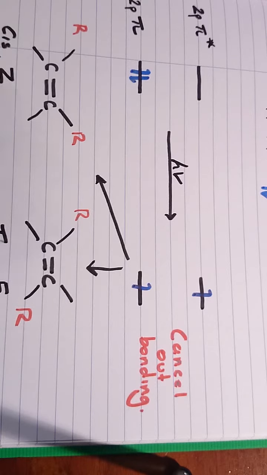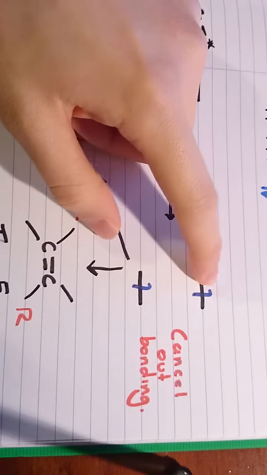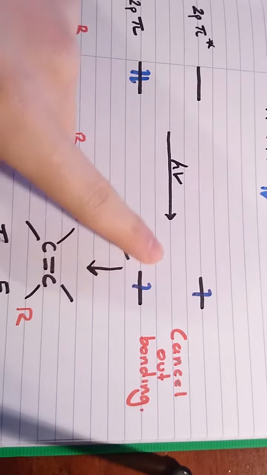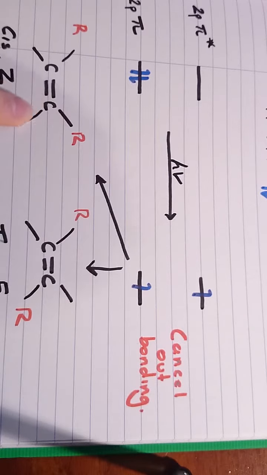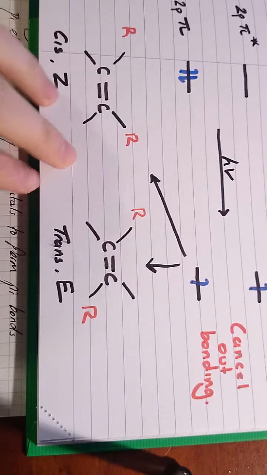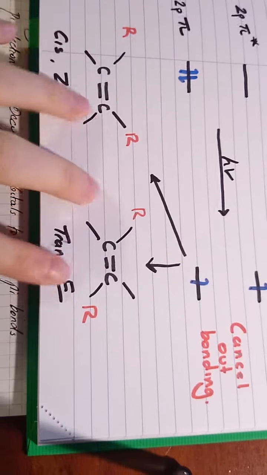The unpaired electron in the anti-bonding pi molecular orbital will come back down from its excited state, and then a new pi bond will be formed. This time, since free rotation has occurred during the excited state, it's possible for two isomers to be formed.